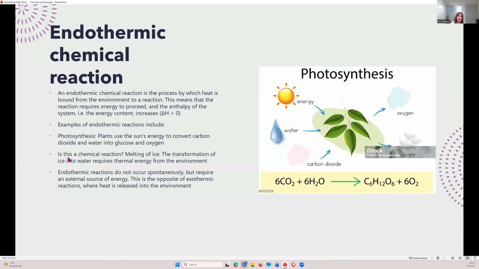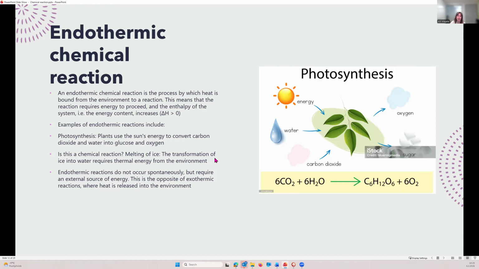When I did these slides with the AI, it suggested to me as a chemical reaction the melting of ice. Of course, you need energy to melt ice, but it's not a chemical reaction because there's nothing new being produced.